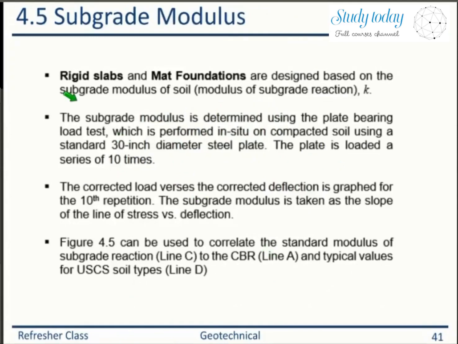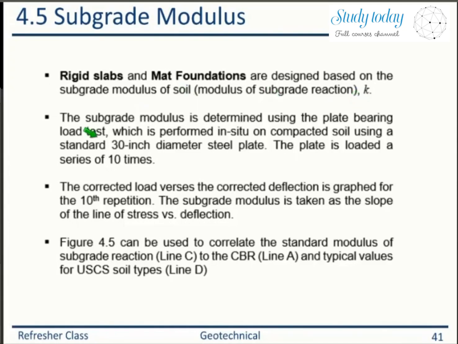The other parameter that is useful to design is called the subgrade modulus, or modulus of subgrade reaction, K. This is useful for your rigid pavement or rigid slab, or mat foundation, because a mat is also a very big slab.